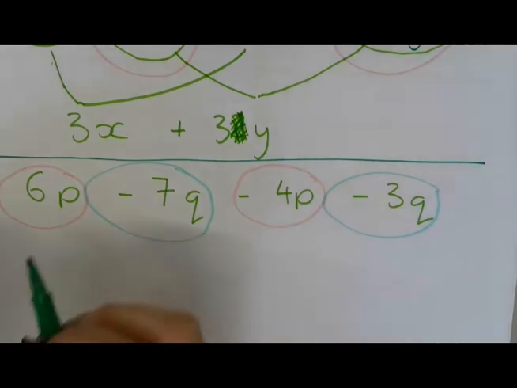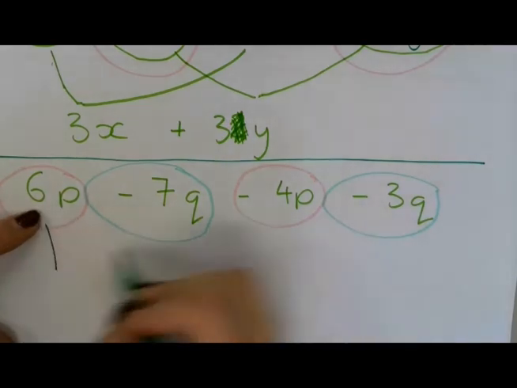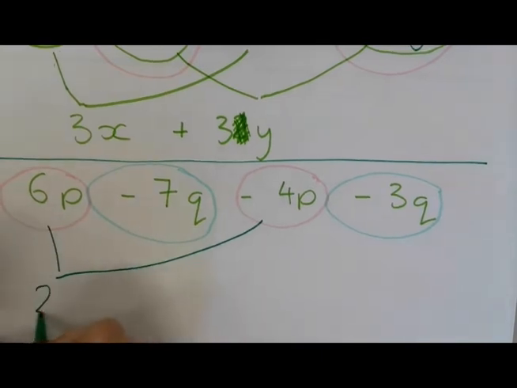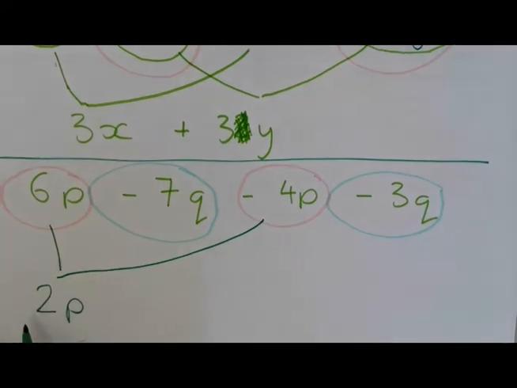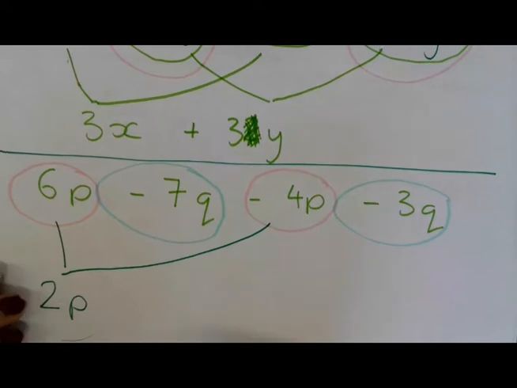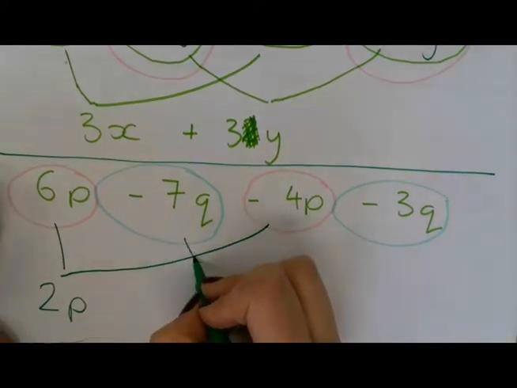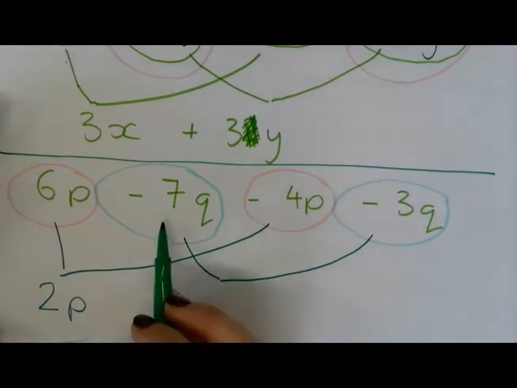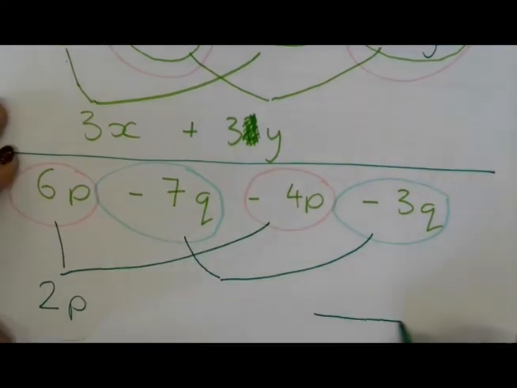So to join them up, 6p minus 4p, which is 2p, positive 2p. Now, because it's my first term I've written in, I don't need to put the plus sign in, because it's the starting number. And then we've got negative 7q minus 3q. So back to the number line.